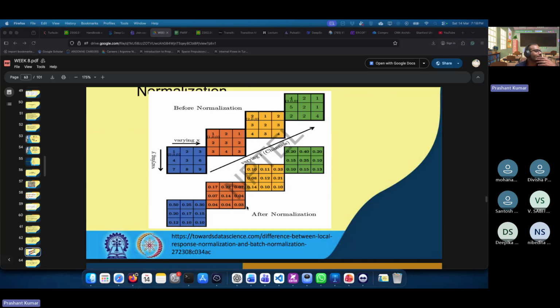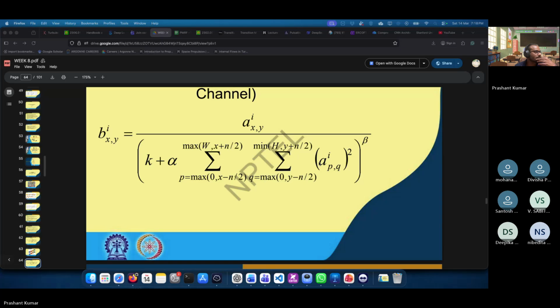This is taking the square of that value, and this is basically the overall convolved value.